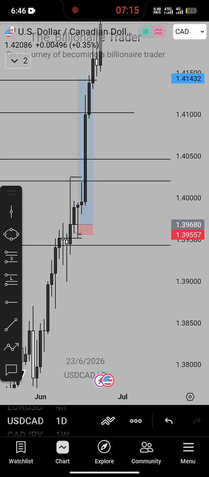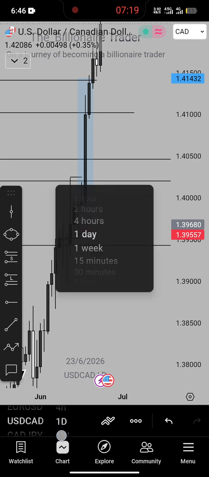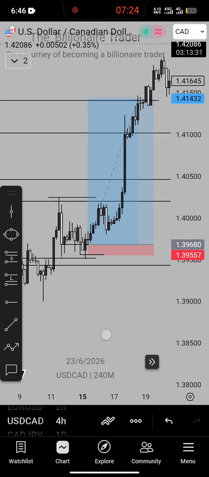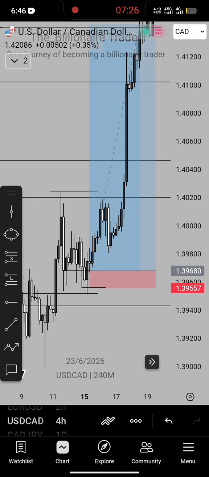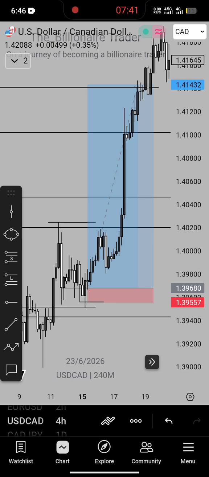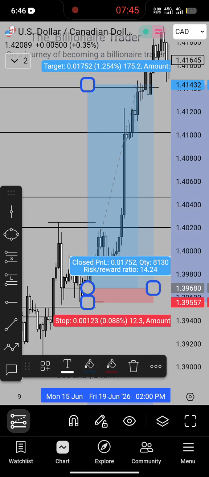And after having the daily rejecting daily and sweeping the previous day low, which is our internal range liquidity, then 4 hours gives us invalidation of opposing key level. Having that invalidation of opposing key level, I use the opposing key level that was invalidated as my entry, and stop loss below the last candle, the wick of the candle that is there, and target the final external range liquidity, which actually led to 14 RR.